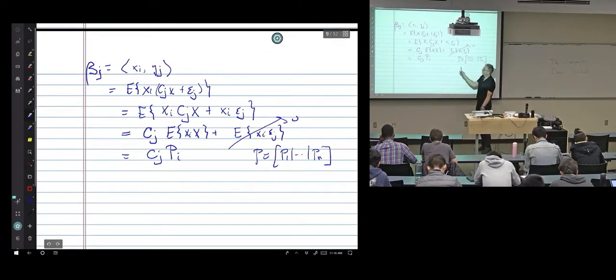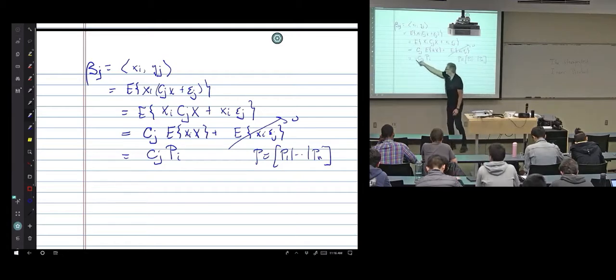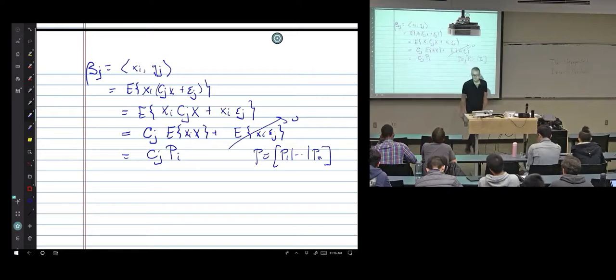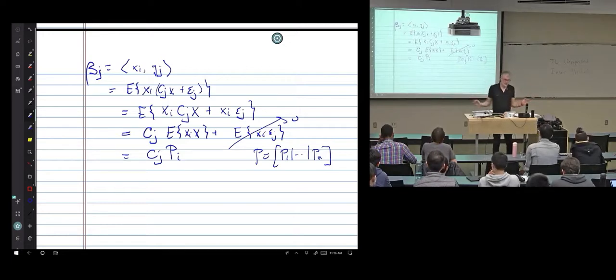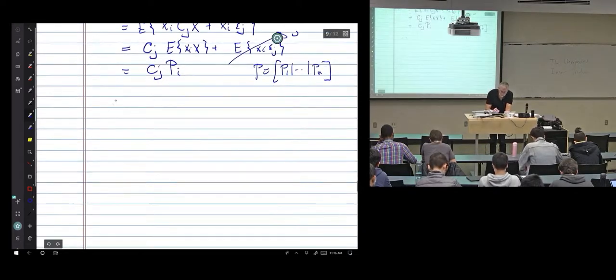Now, what I wrote down before is not incorrect because this is a scalar, so its transpose is what I had written down. Okay, and P is symmetric, so the ith row and the ith column are the same. It's symmetric, but this is the better way to write it. Okay, so we have G alpha equals beta.